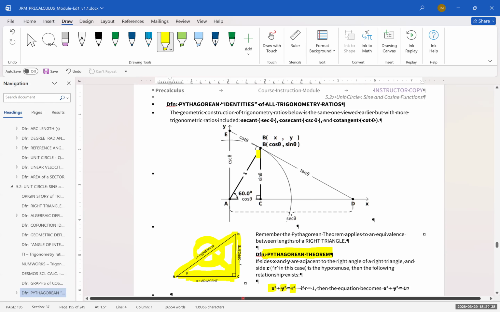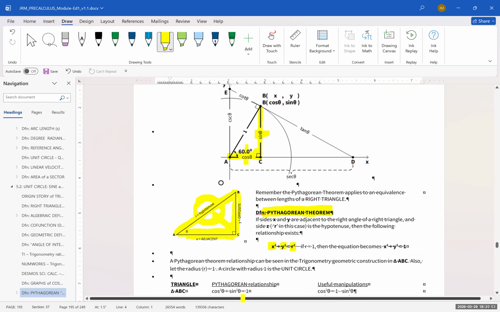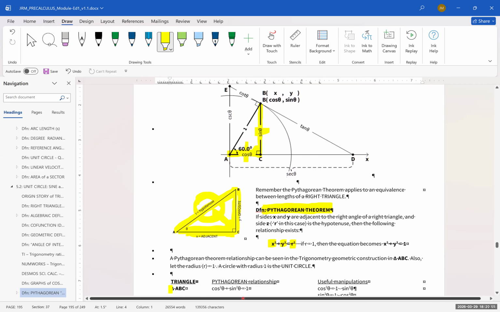Well, when we look at this geometric construction, we've got a right angle right here. And adjacent to the right angle, we've got sine and cosine. So when we've got triangle ABC, we have cosine squared theta, which is this side adjacent to the 90-degree angle, plus sine squared theta, which is this side adjacent to the 90-degree angle, and that should be equal to the hypotenuse squared.